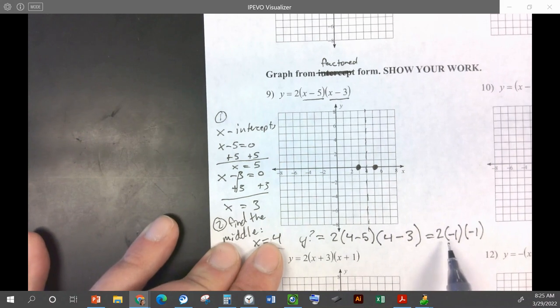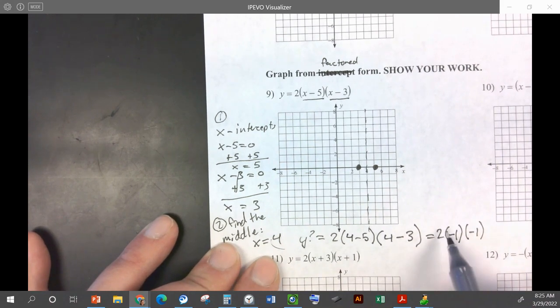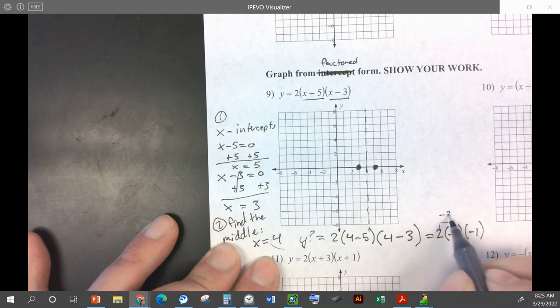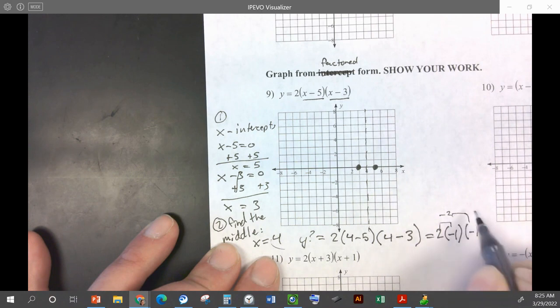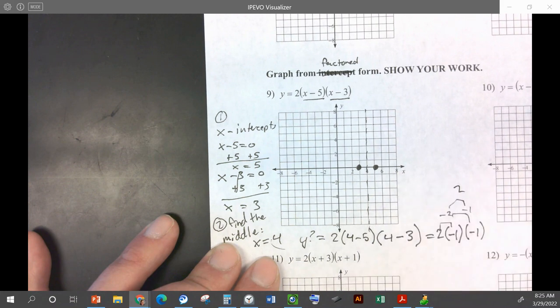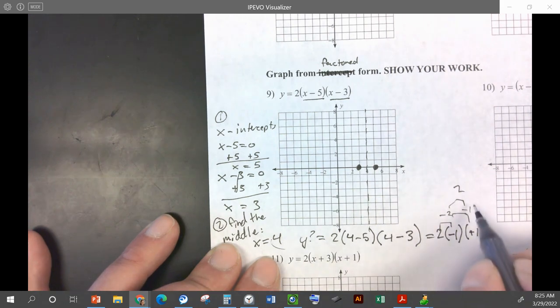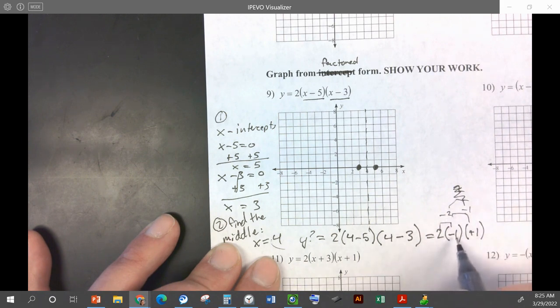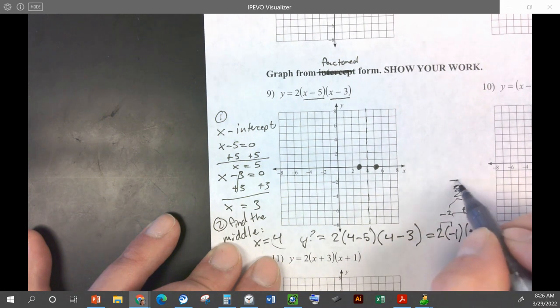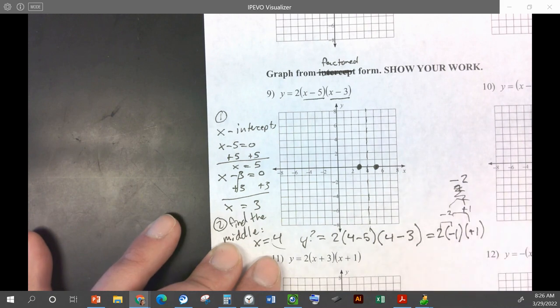So 2 times negative 1 is negative 2, and negative 2 times positive 1 is negative 2. So we're back to negative 2.